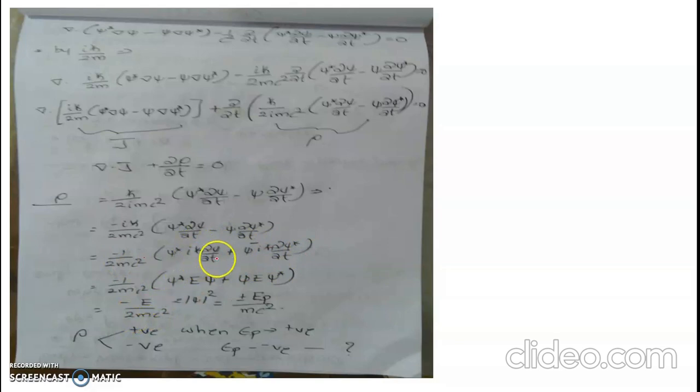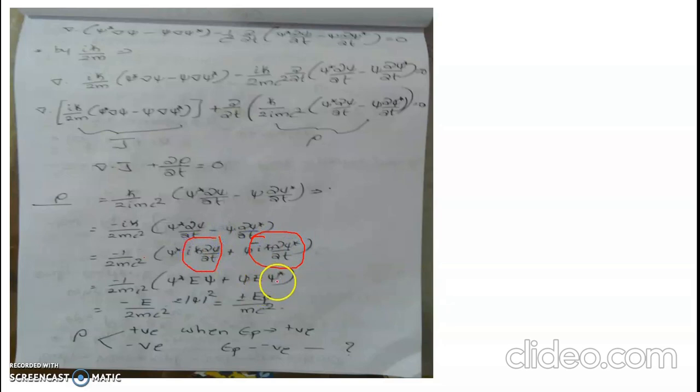That is minus 1 by 2mc² into ψ* iħ ∂ψ/∂t, which is Eψ, and this is the complex conjugate of iħ ∂ψ/∂t, that will then be equal to Eψ* with a plus sign here, because iħ ∂ψ/∂t has a complex conjugate which is minus iħ ∂ψ*/∂t. So we have taken this minus sign also here. This, minus iħ ∂ψ*/∂t, is in fact the complex conjugate of this one.